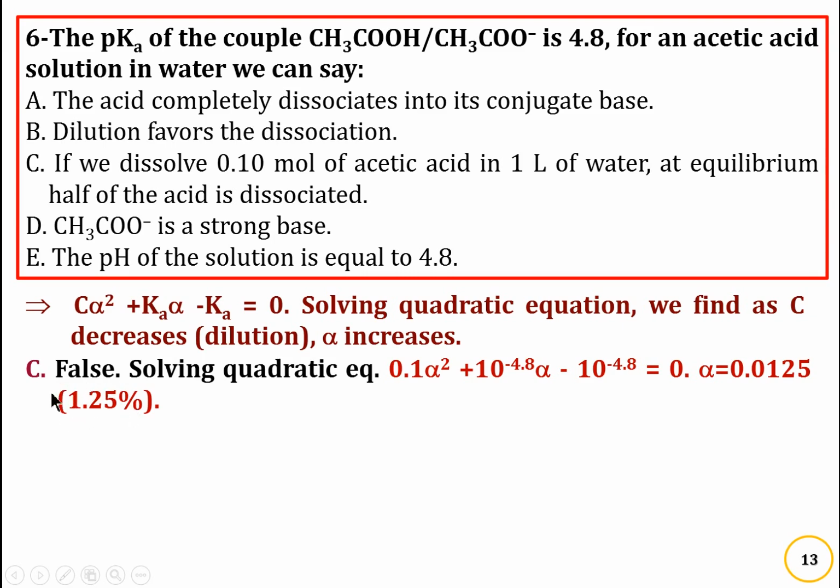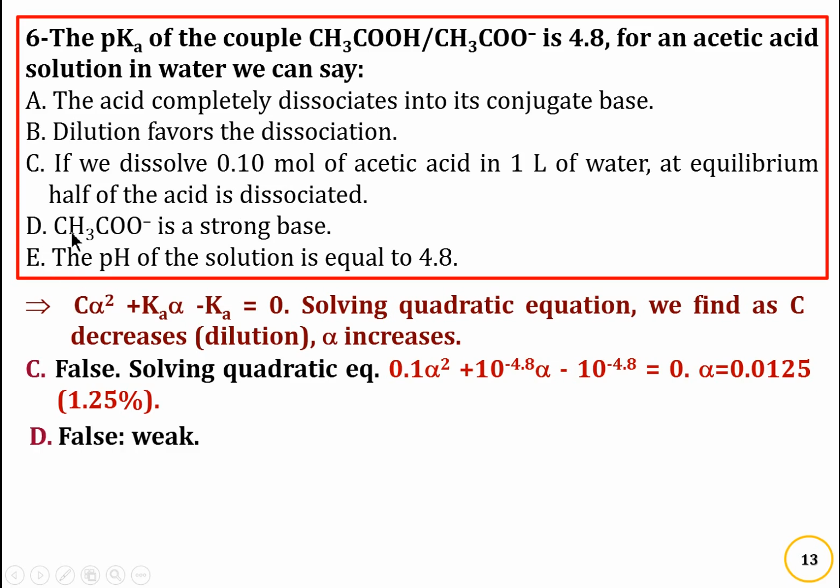What is the meaning of this value of alpha? This value means that only 1.25% of acetic acid dissociates. So C is false, because in C they supposed alpha equal 0.5.